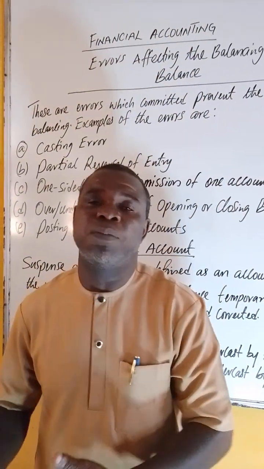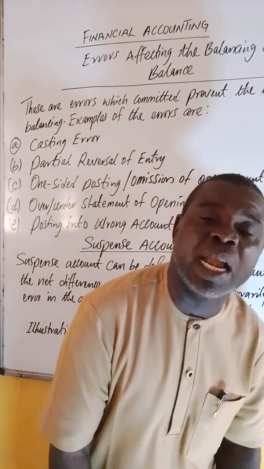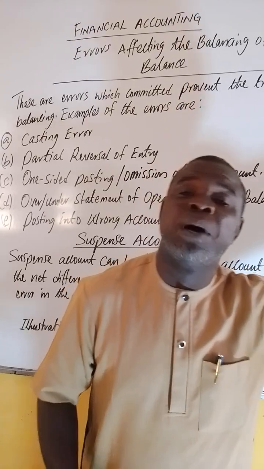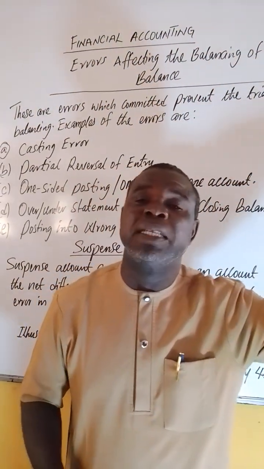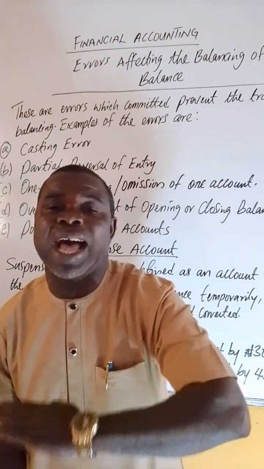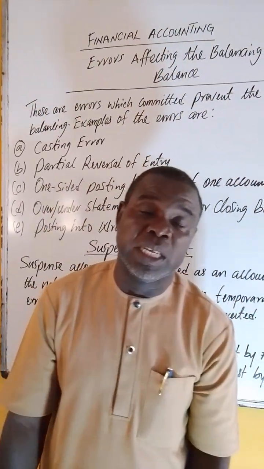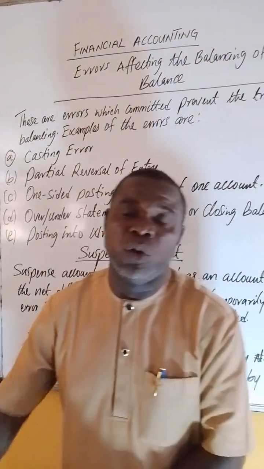So as the balances are brought forward, if any figure is misstated, either in the closing balance of the account or the opening balance, the account will not balance, because it is the opening balance to which other entries in the current year are added, giving the closing balance figure. So if the opening balance is not correct, it will affect the closing balance.